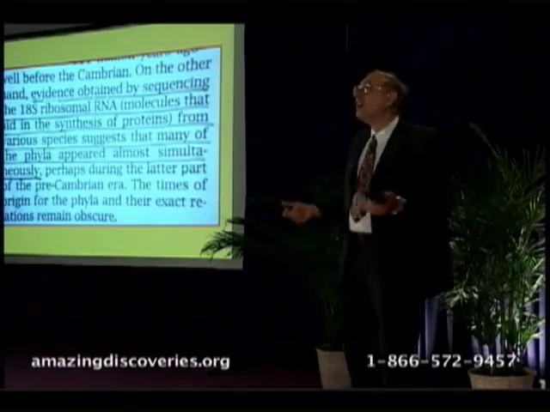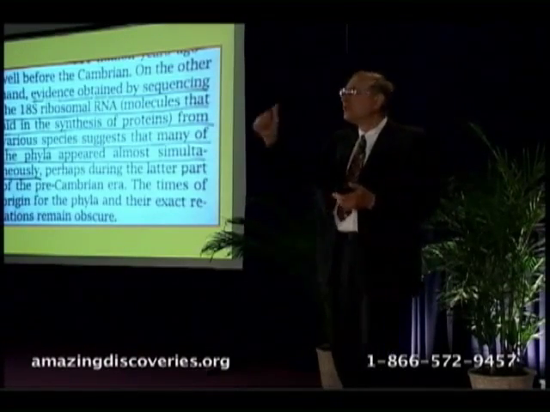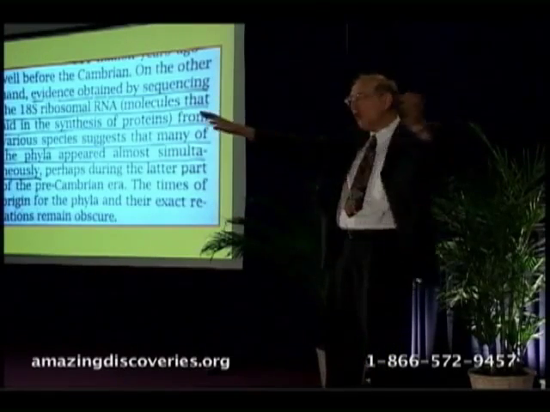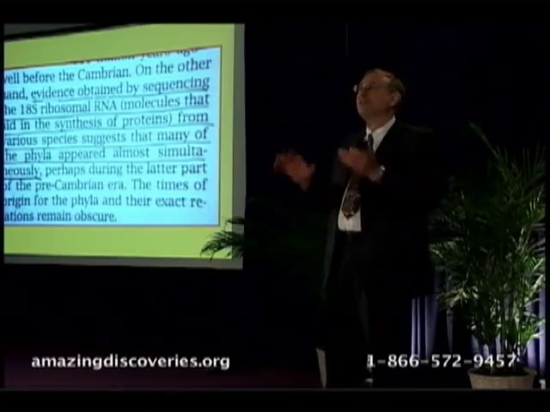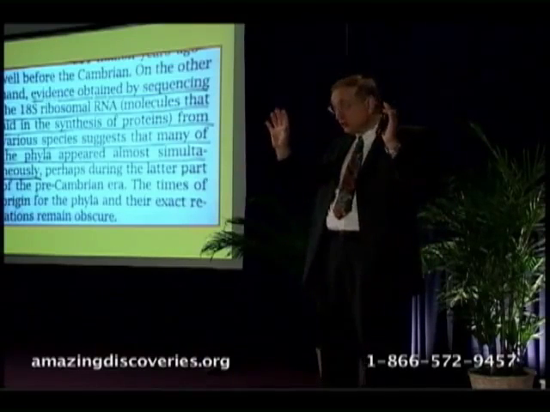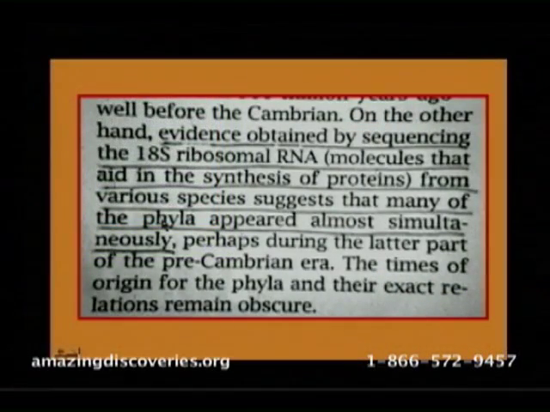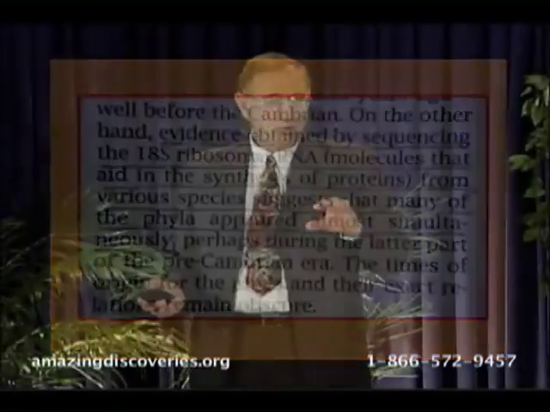And then you'd have the arthropods, all the jointed-legged ones, all the crabs, all the insects, every little crayfish, all of those that walk around. That's another phylum. So these are huge categories of animals. And they're suggesting that the phyla, many phyla, appeared almost simultaneously. That means, boom, they were there.